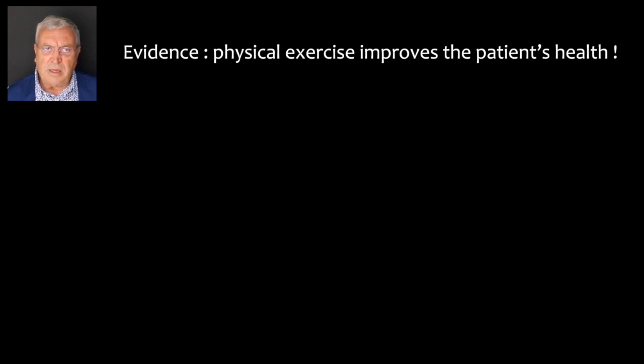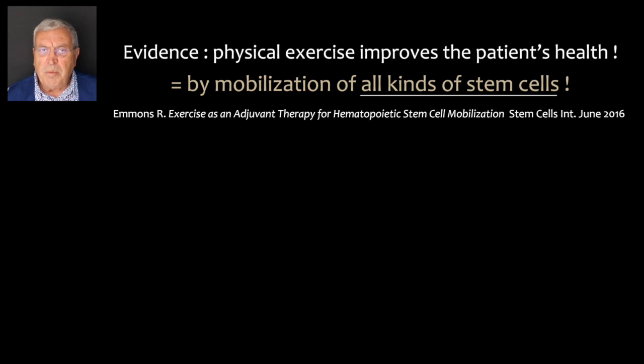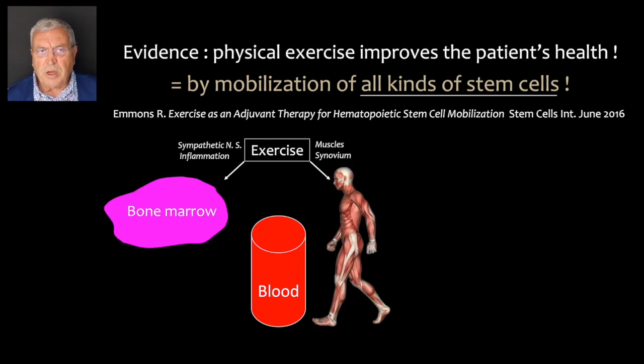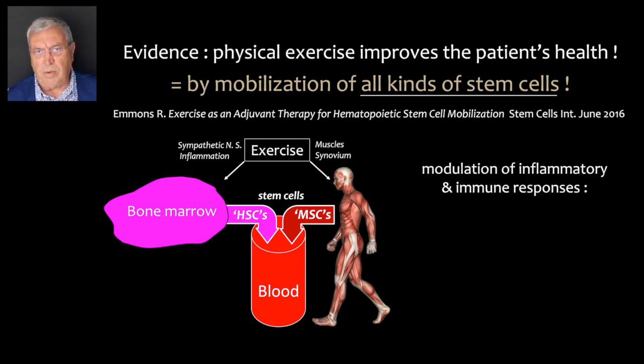Today, there is evidence that physical exercise improves the patient's health by mobilization of all kinds of stem cells. When we do exercise through the sympathetic nerve system, we stimulate the bone marrow, and through the muscles and the synovium, we organize the release of hematopoietic and mesenchymal stem cells going into the blood in order to modulate inflammatory and immune response.